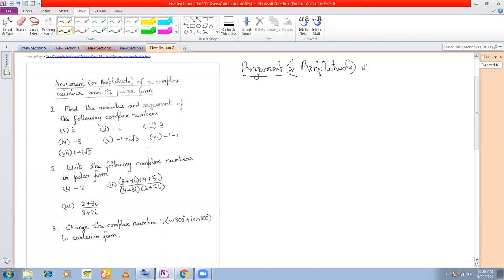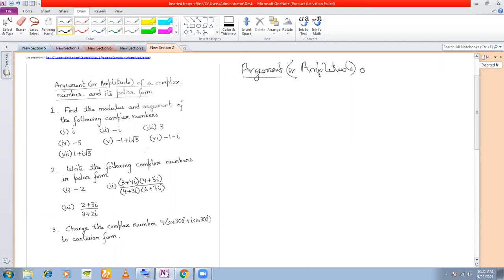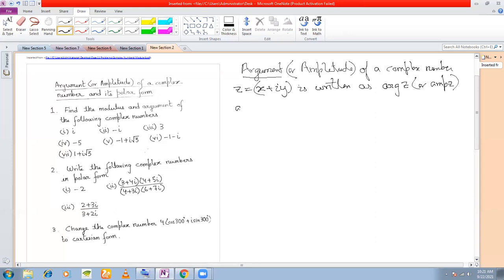Argument or amplitude of a complex number z is equal to x plus iy is written as arg z or amp z, and is defined as arg z is equal to tan inverse y by x.